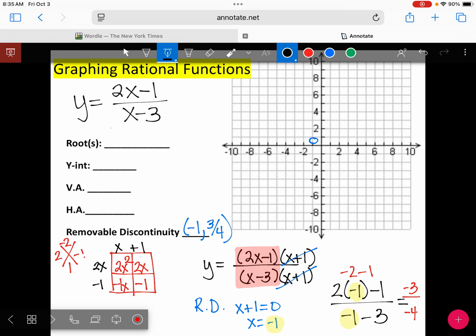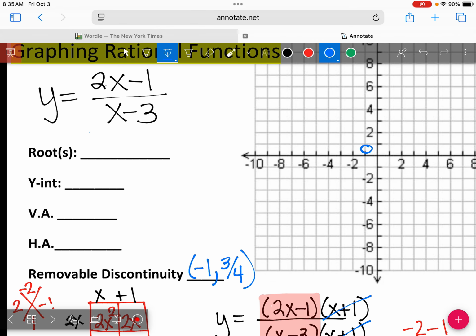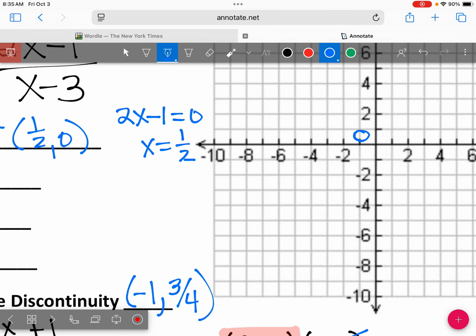So roots come from the top. We should get x equals 1/2. So I'm going to write that as 1/2, 0, and put a point at positive 1/2, about here.